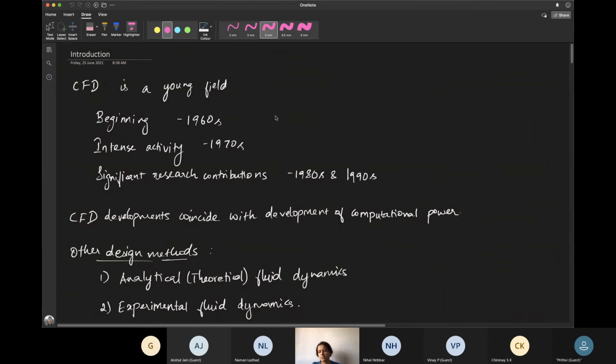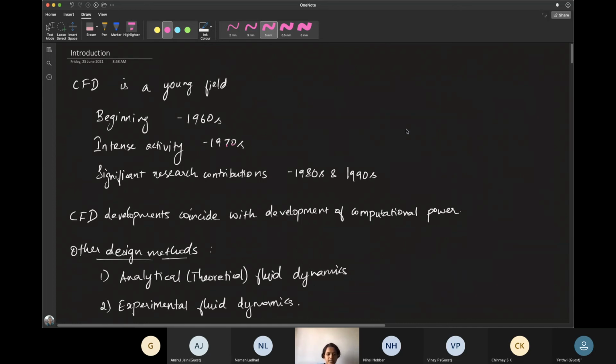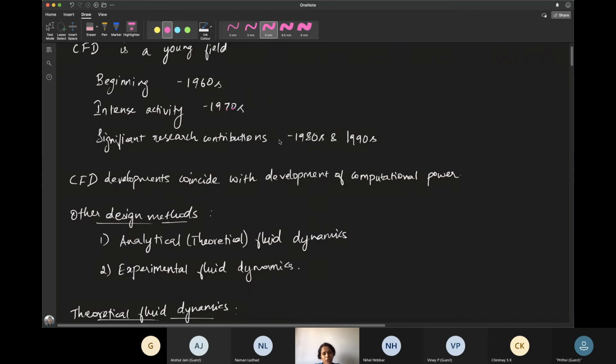Now to introduce CFD, it's a recently developed field and it just began in the 1960s, and proper work in the field started in the 70s, and good contributions to research were given in the 80s and 90s.